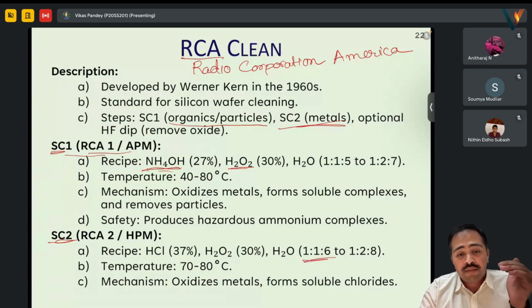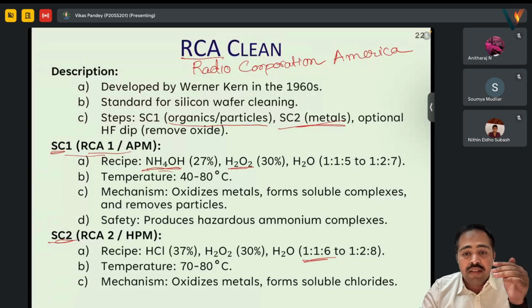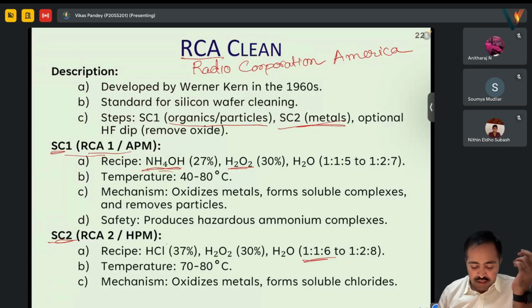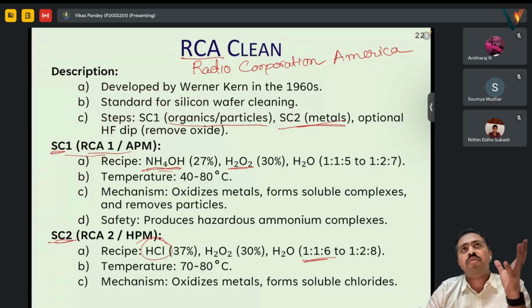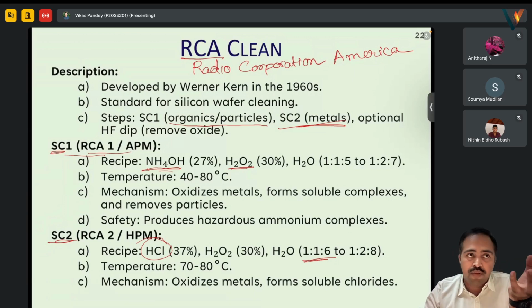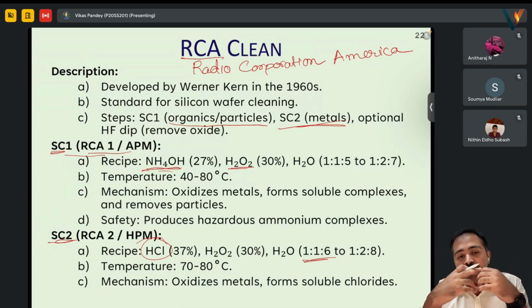Here also it oxidizes metals and forms soluble chlorides. Since it is HCl, you must have studied in your intermediate chemistry that acids react with metals, release hydrogen gas and make some other complexes.